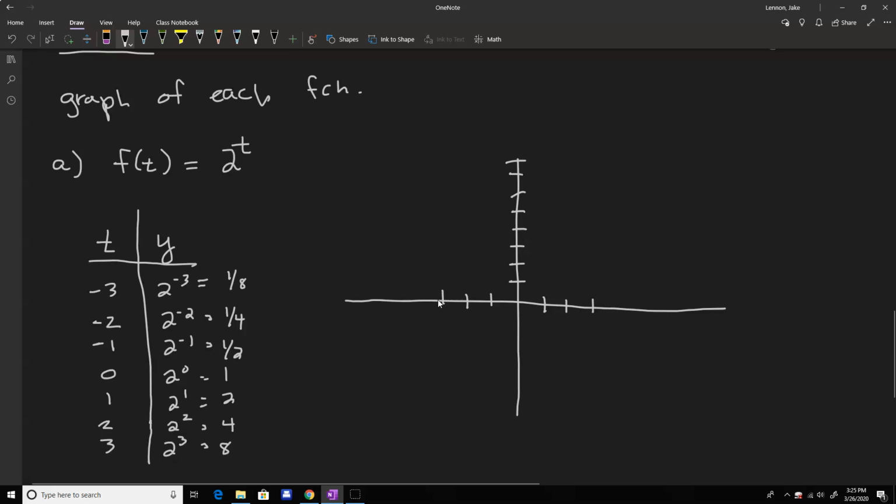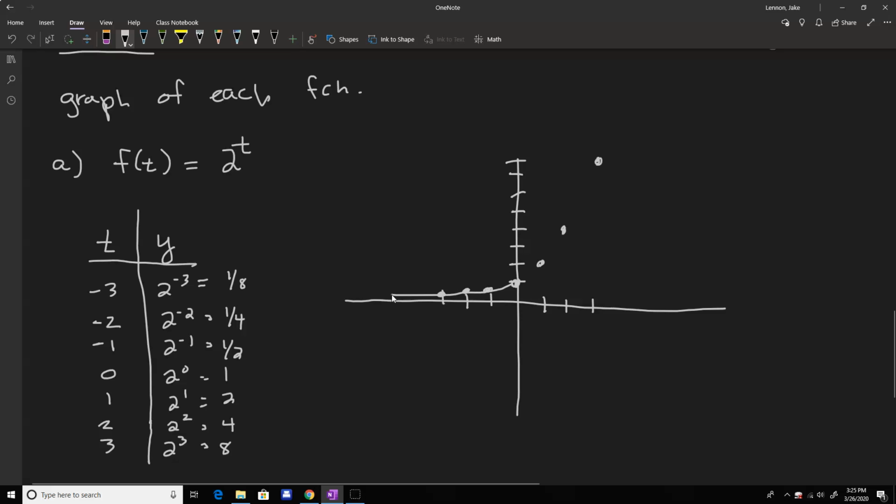So the first coordinate is -3, 1/8, so that's somewhere down here, some point there, and then -2, 1/4, -1, 1/2, 0, 1, 1, 2, 2, 4, and 3, 8. So we see our exponential function is passing through all of these dots.